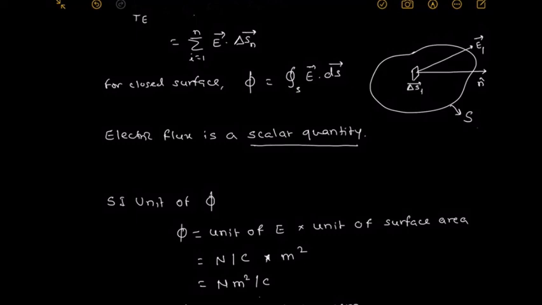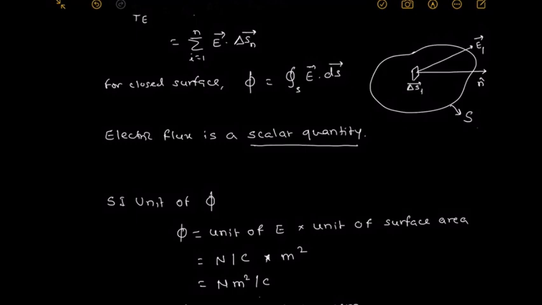If a plane is normal to the flow of the uniform electric field lines, the total flux is the product of the electric field multiplied by the surface area. Hence, if the unit of E and the unit of surface area are known, then we get the SI unit of electric flux.